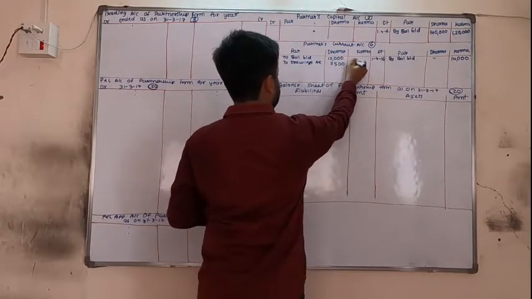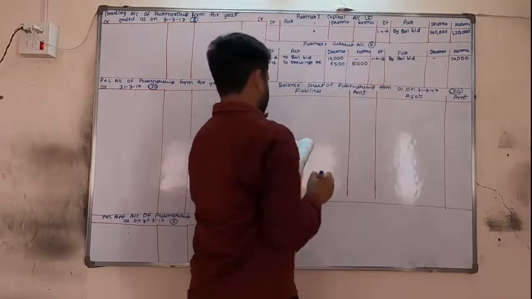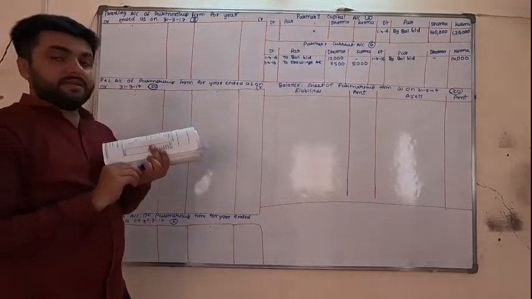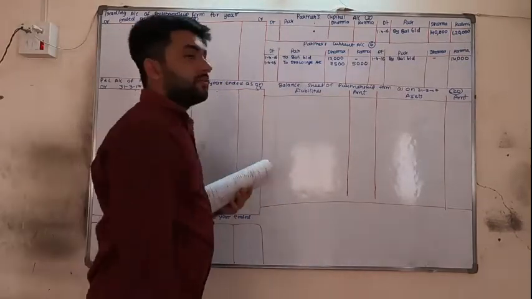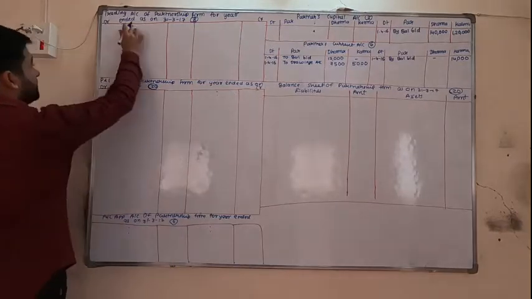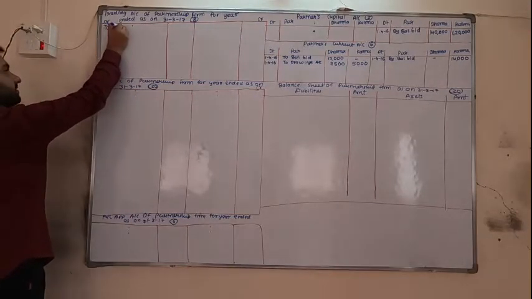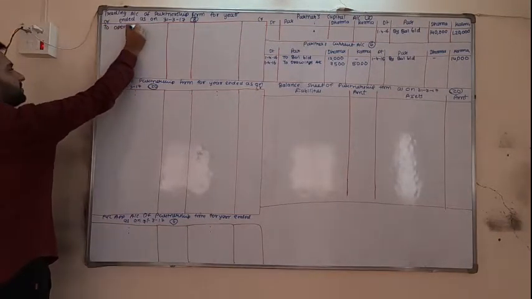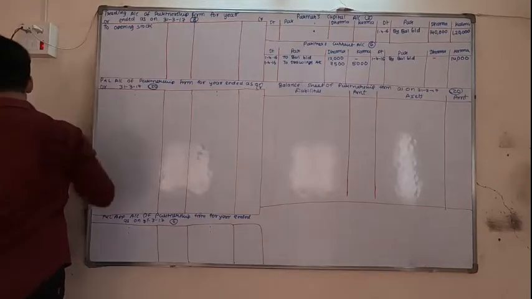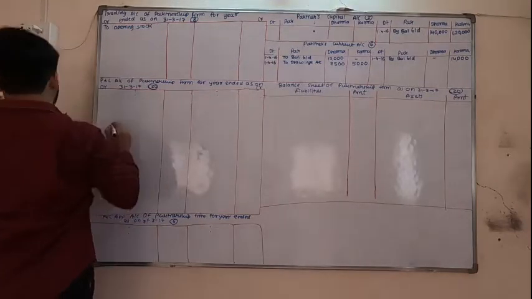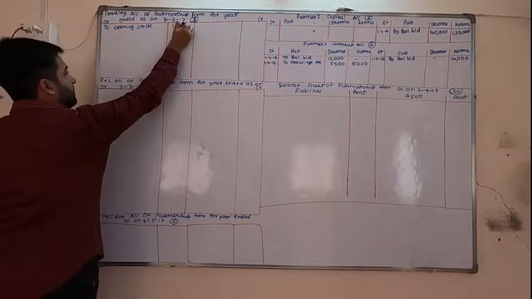Dharma 7,500, karma 5,000. Then we are having opening stock. Opening stock is debit of trading. So first line itself, to opening stock 15,000.